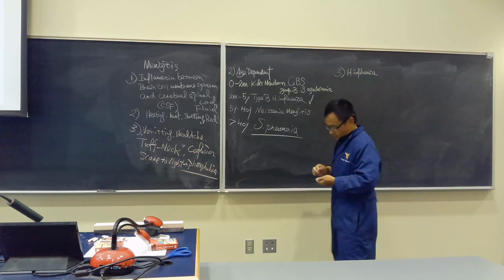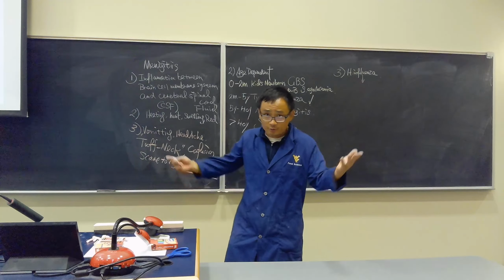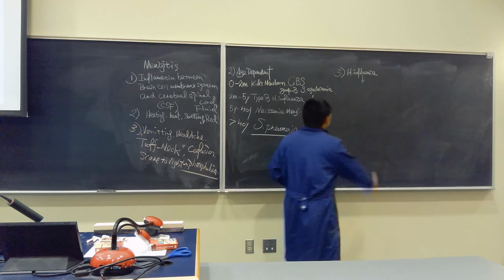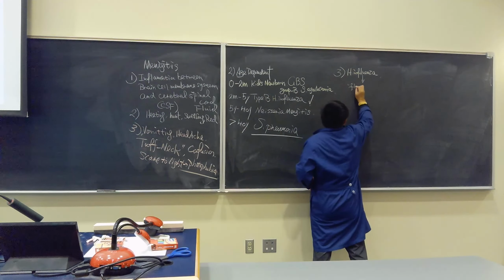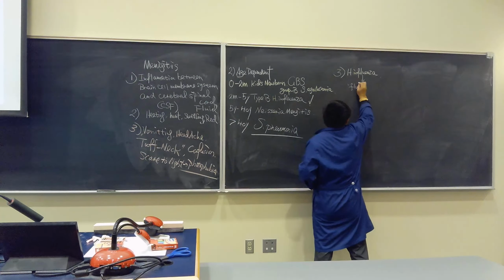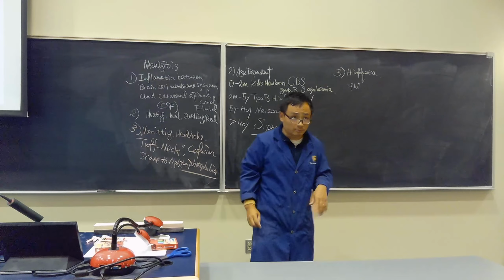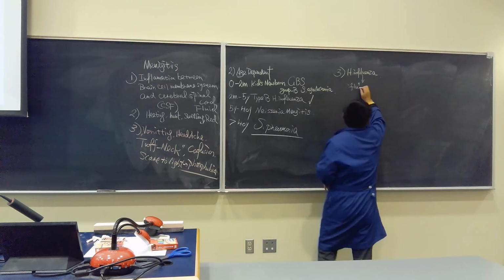Long time ago, at the beginning, when people found this pathogen, Haemophilus influenzae, you heard about influenza, avian influenza, human influenza. So people thought it is a flu. Yes, it's correct. The meningitis sometimes is accompanied with some flu-like symptoms.